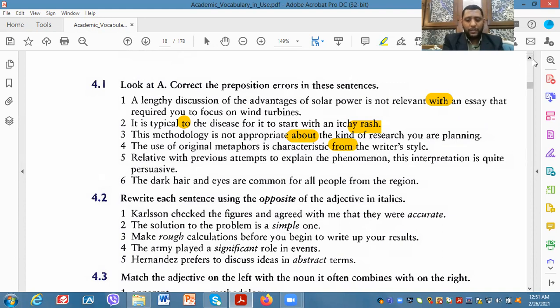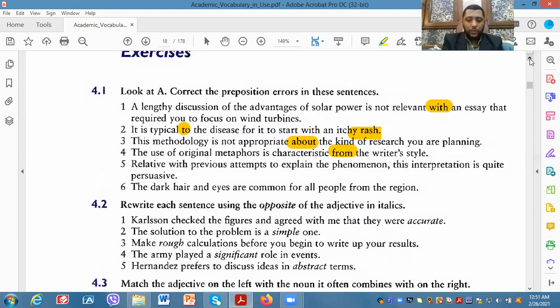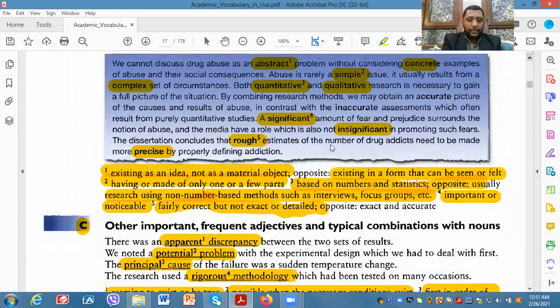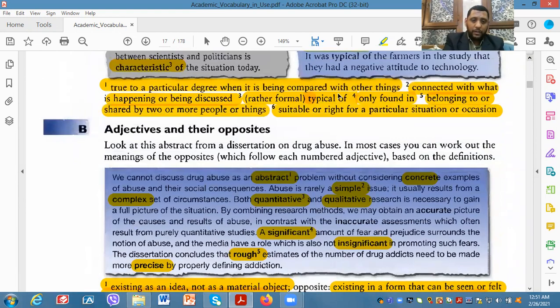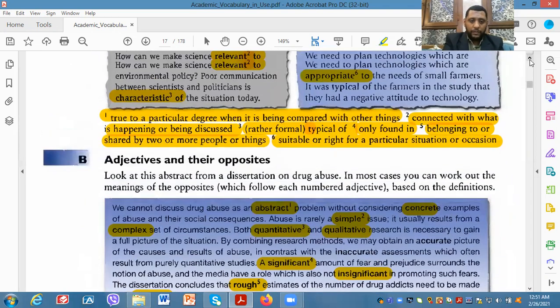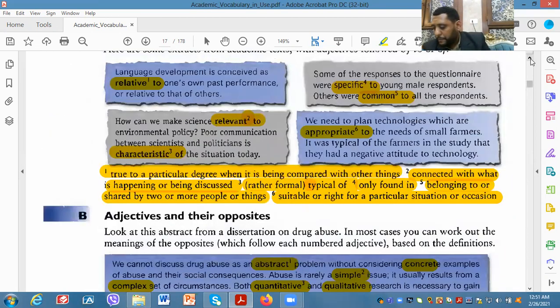When we had to discuss characteristic, what did we say about this adjective? It was followed by what? Characteristic of.